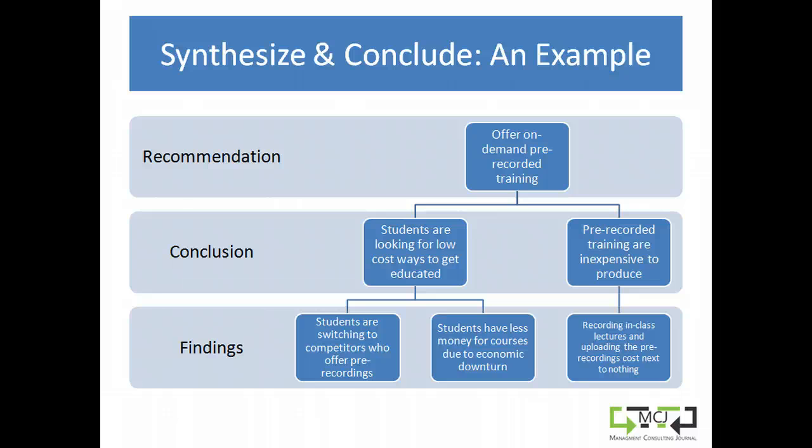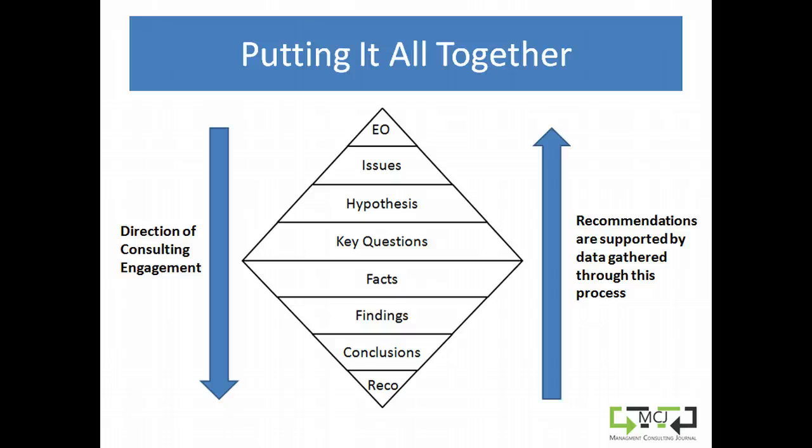So let's put everything together. So this is what I talked about earlier. First you have your engagement objective, which is the output of define the problem, and then you just want to come up with different issues underneath the engagement objective, and then come up with the hypothesis for that, which we did in restructure the problem, and then we come up with our key questions in experiment and test the hypothesis.